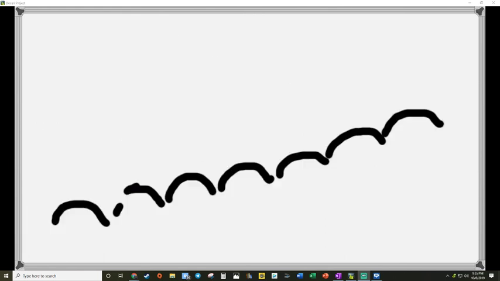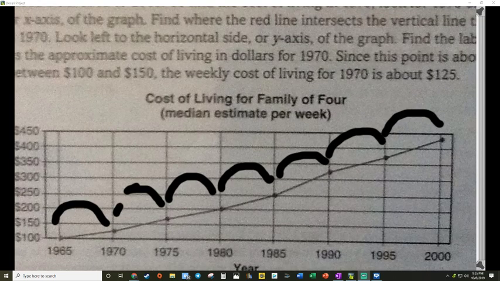Let's take a look at 75 to 80. 75 is about 170 and 1980 is 200, so that's $30.